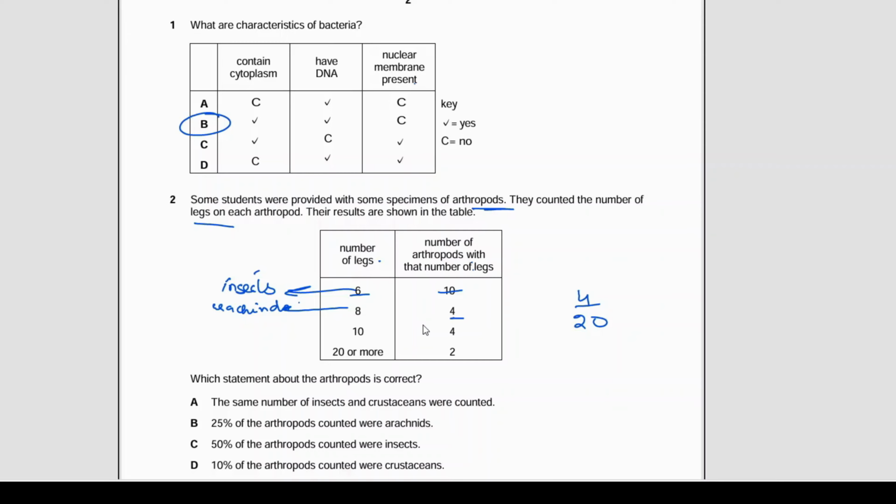Okay. 50% of arthropods were insects. This can be, since 10 out of 20 can be 50%, right? So this can be correct. 10% of the counted are the crustaceans. So I guess for crustaceans they have counted like these 10 legs.